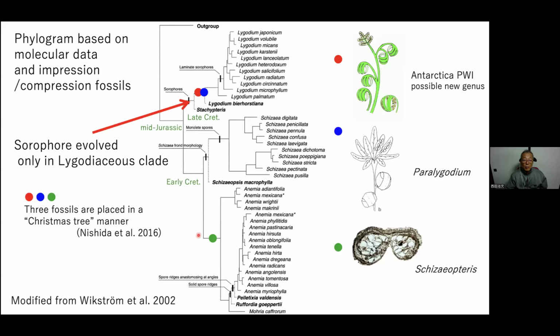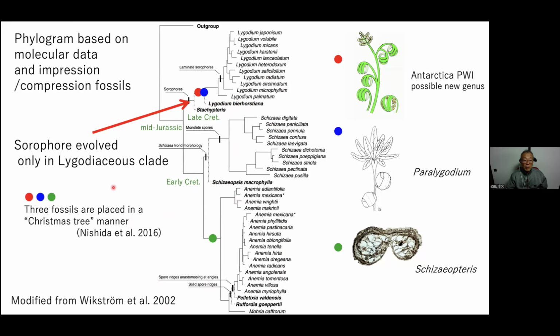So they compared some fossil specimens in their studies. And for example, Lygodium beyrichiana or Stachypteris, which I showed with the fertile structure like this, in the tree. But these are not based on the detailed comparison.